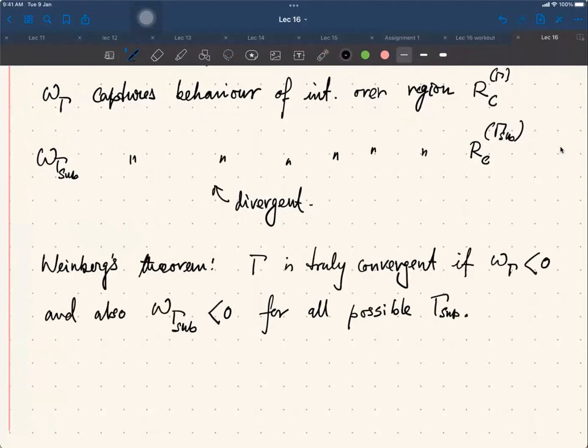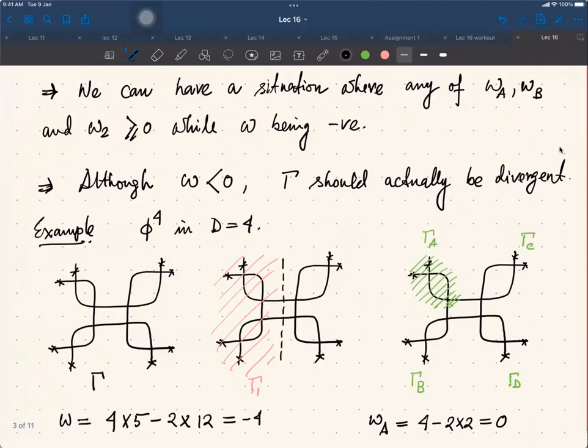So given any one particle irreducible graph, say gamma, you calculate the omega for the entire gamma. It must be negative. That's a necessary condition, but not sufficient. You have to investigate how many subgraphs there are, look into the subgraphs, and show that each subgraph also has negative omega.